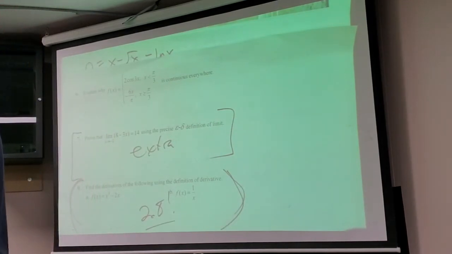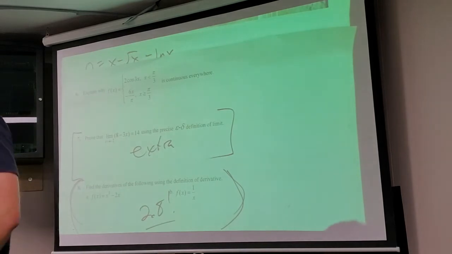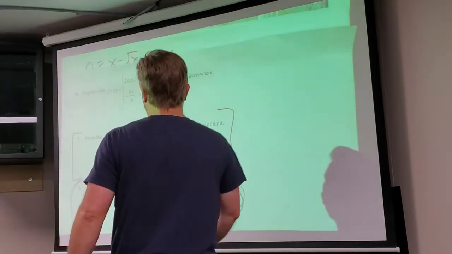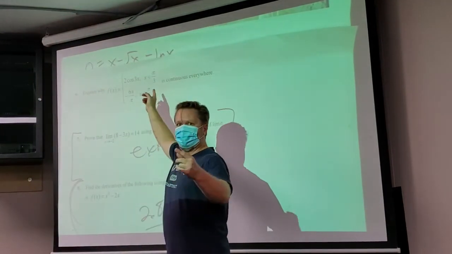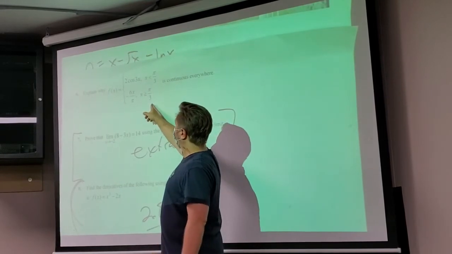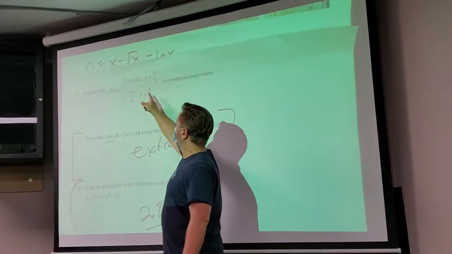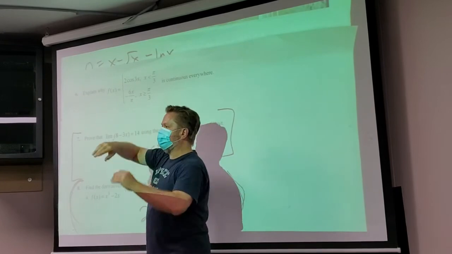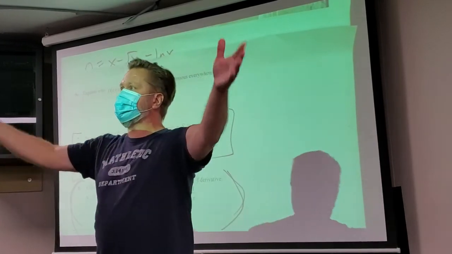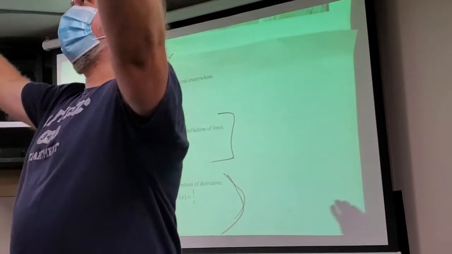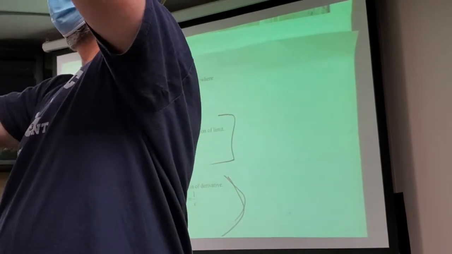Where's the only place that might screw this thing up? Pi over 3. What needs to happen at pi over 3 to make this whole thing continuous? Because the pieces are good. What's got to be happening with the pieces?